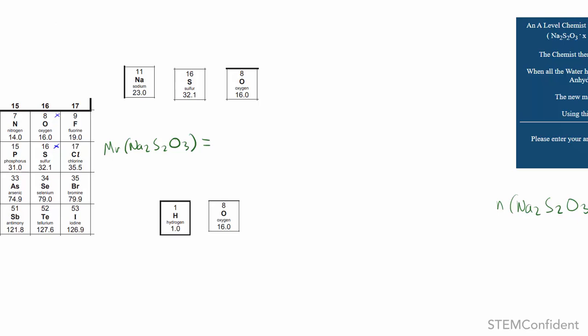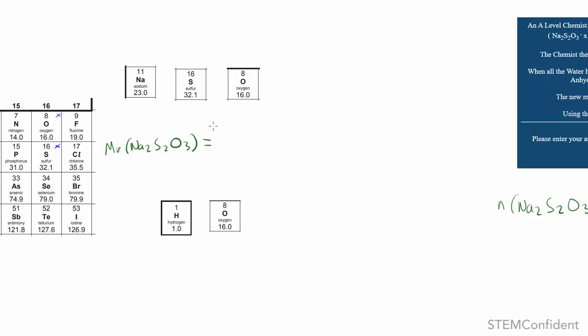So if you work that out, sodium is 23 multiplied by its occurrence, which is 2, plus sulfur, which is 32.1 multiplied by its occurrence, which is 2, plus the oxygen, which has a relative atomic mass of 16, multiplied by its occurrence, which is 3.